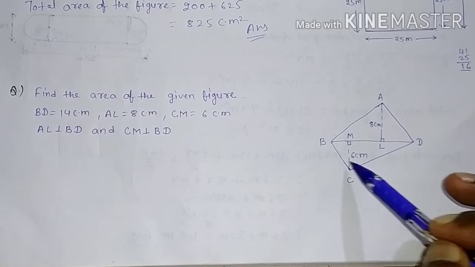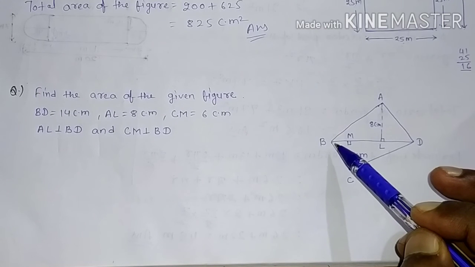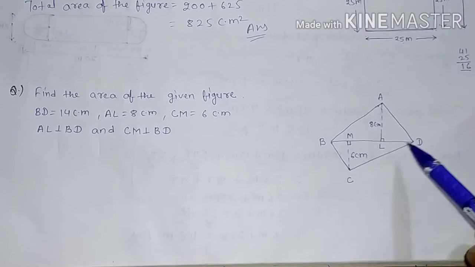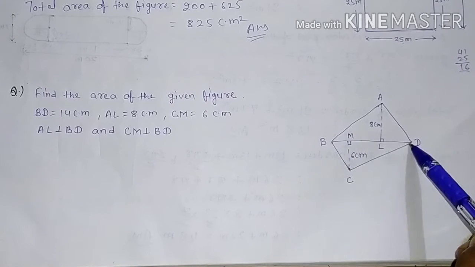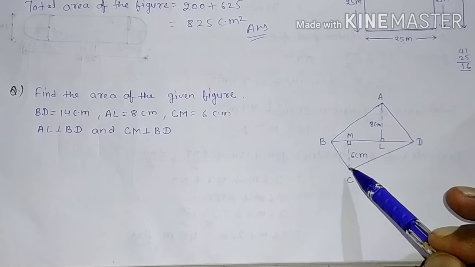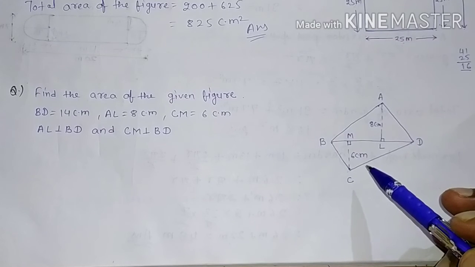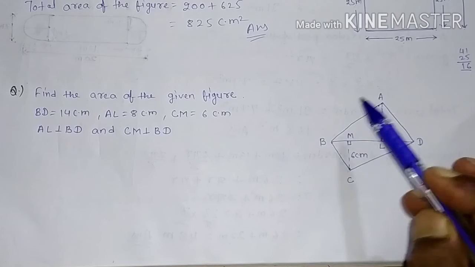And lower part of this figure is also triangle, that is BCD. This is the triangle where BD is the base and MC, or you can say CM, is the height of the triangle. Now we have to find total area of this figure.